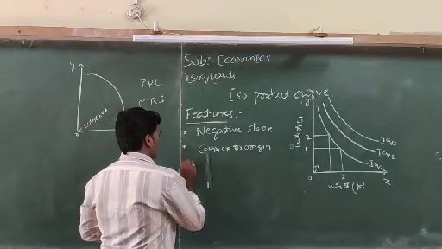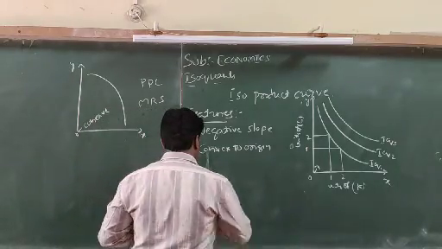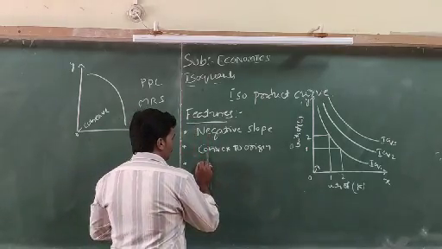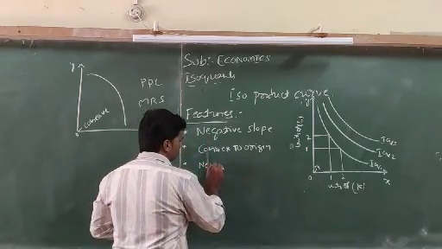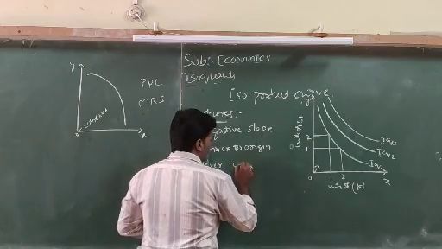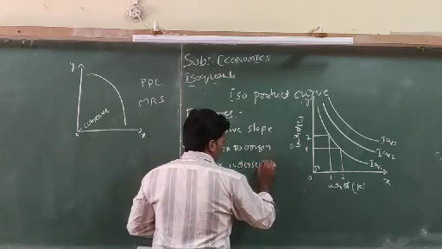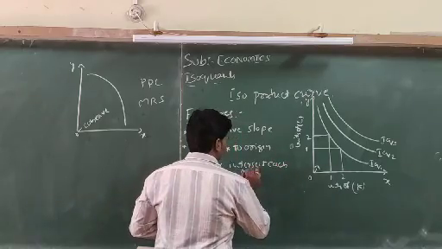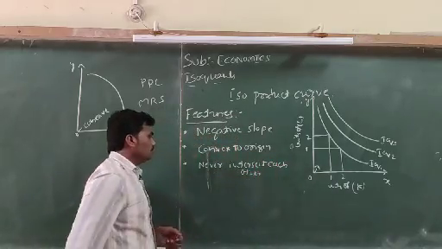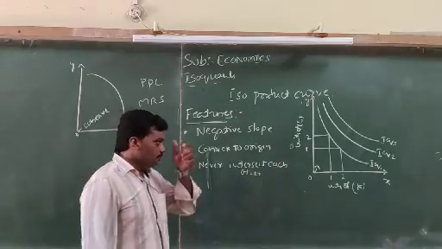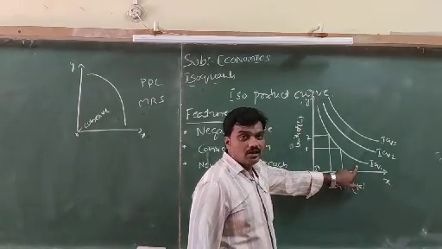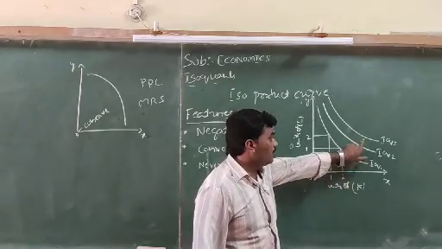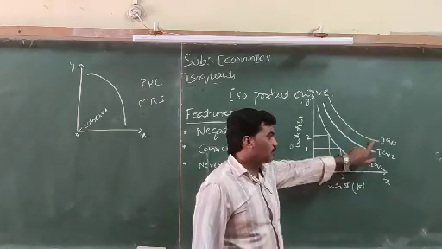That is the second point. Then the third point is, the different isoquants never intersect each other. See, IQ1 is one isoquant, IQ2 is another isoquant, IQ3 is another isoquant.